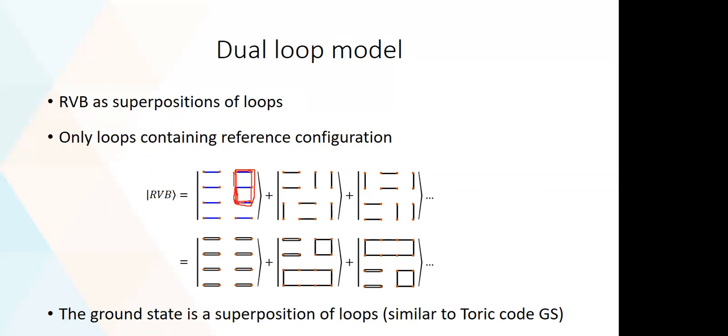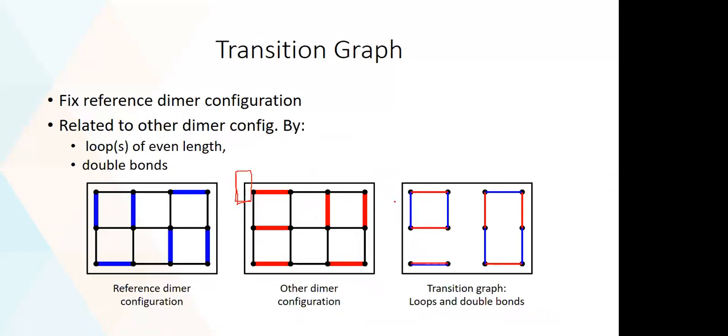Yes, but the loop should alternate between bonds of the dimer configuration and the reference dimer configuration. Yes. So it's a pretty harsh restriction on the loop.